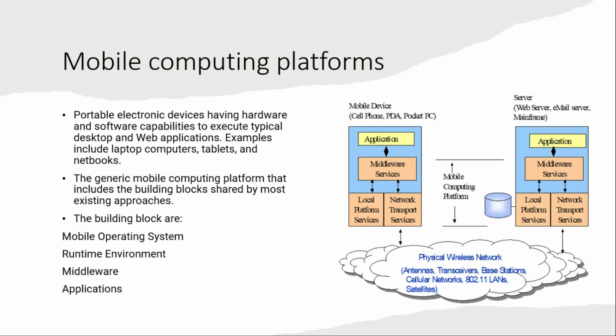For example, wireless middleware provides remote access to a corporate database from a mobile phone and may also encrypt and compress the messages for security and performance. Next is network transport service that is responsible for shuffling the messages over the network. In this case, we use wireless network. This service is mostly handled by TCP/IP.